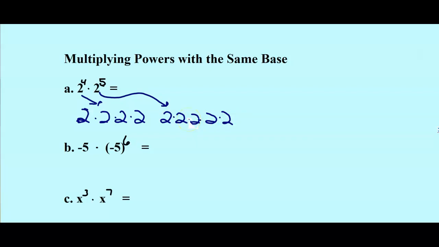What's happening here is we're multiplying two terms that have the same base with a different exponent. We're still all multiplying. There is only multiplication in this problem.